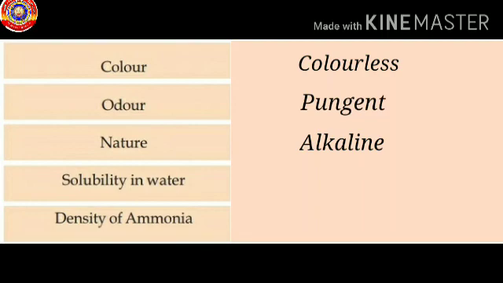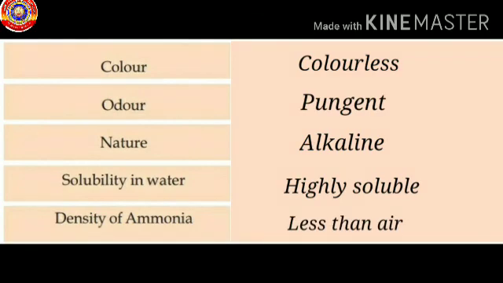The water rushing into the flask in the fountain experiment proves that ammonia is highly soluble in water. While preparing ammonia in the laboratory, the gas jar used for collecting ammonia is kept in an inverted manner because the density of ammonia is less than that of air.